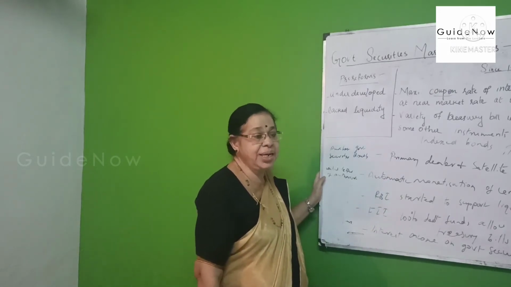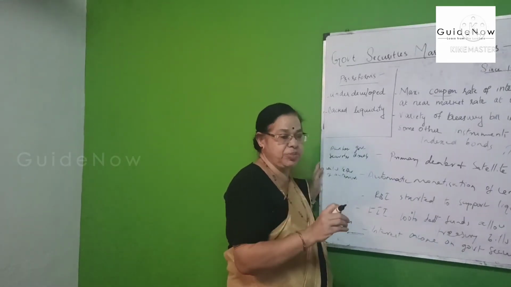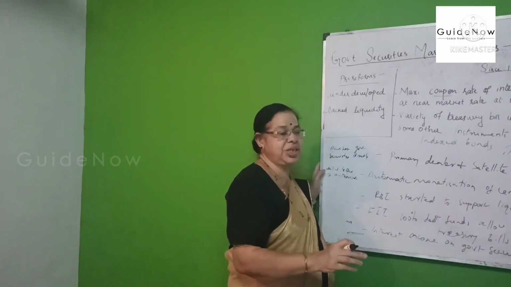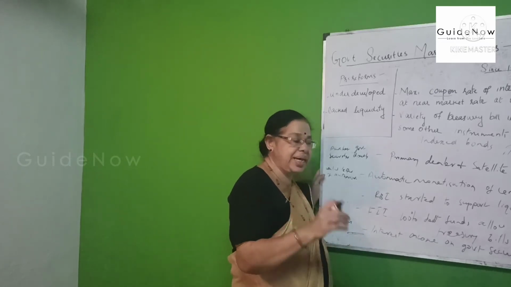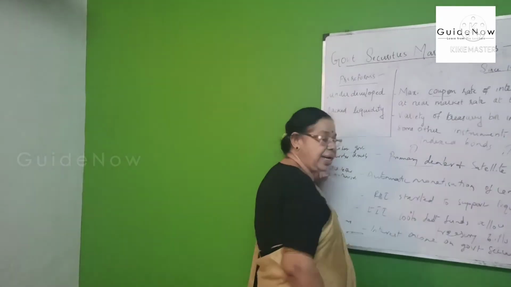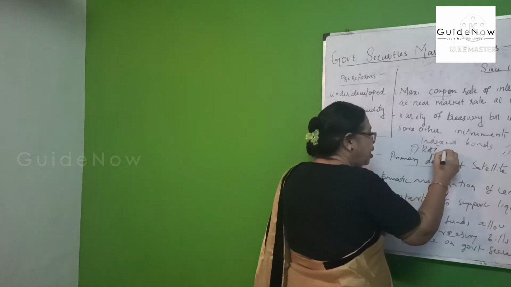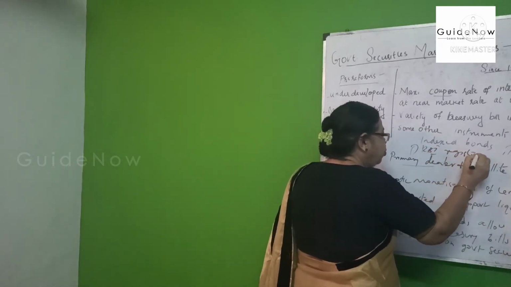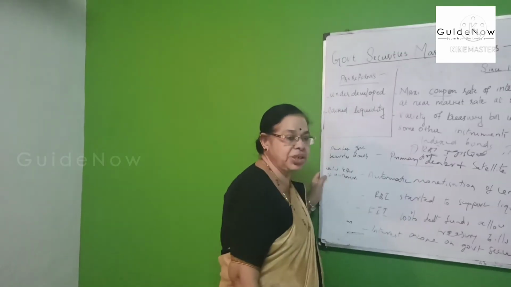Primary dealers are RBI registered firms. They can purchase securities directly, that is, government securities are purchased directly. That is known as a primary dealer. RBI registered firms can directly purchase government securities.